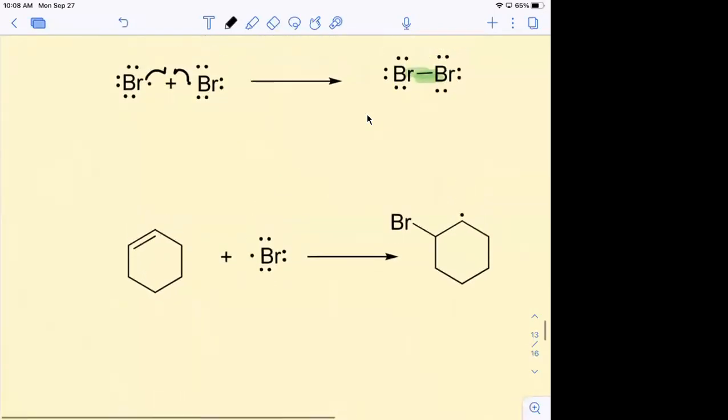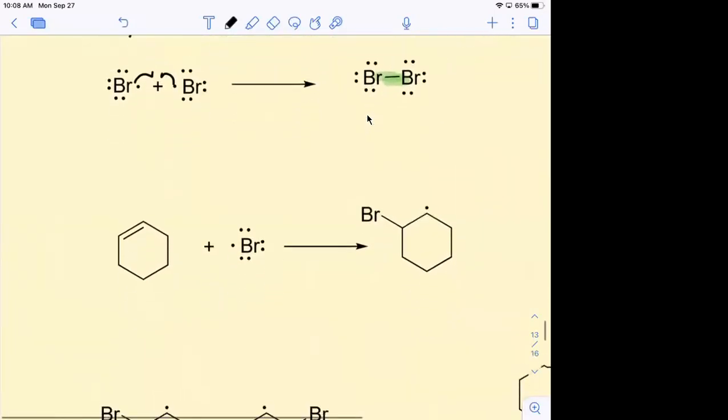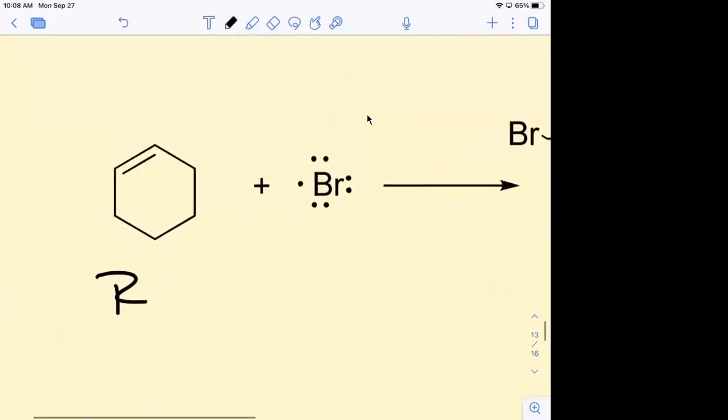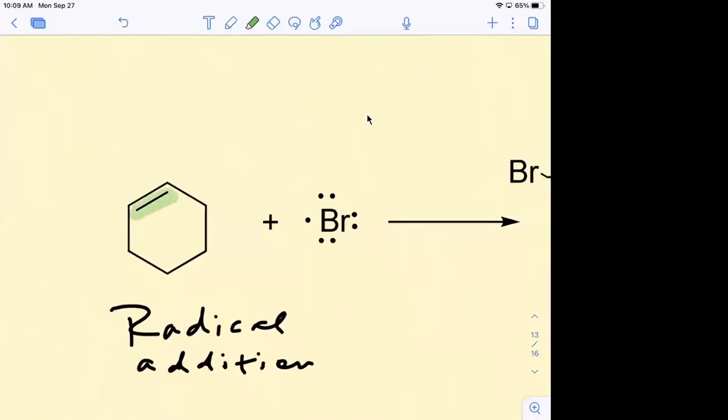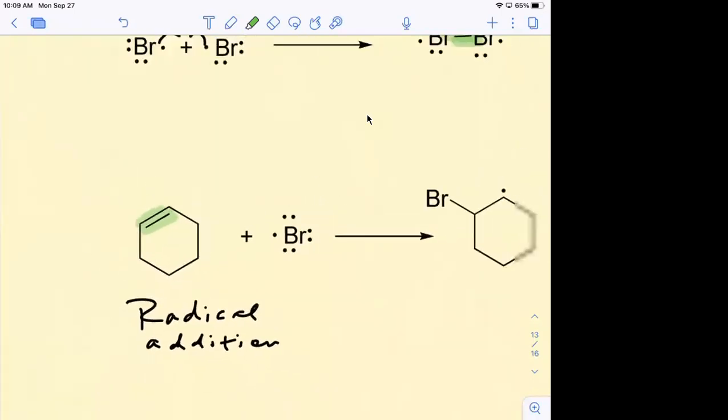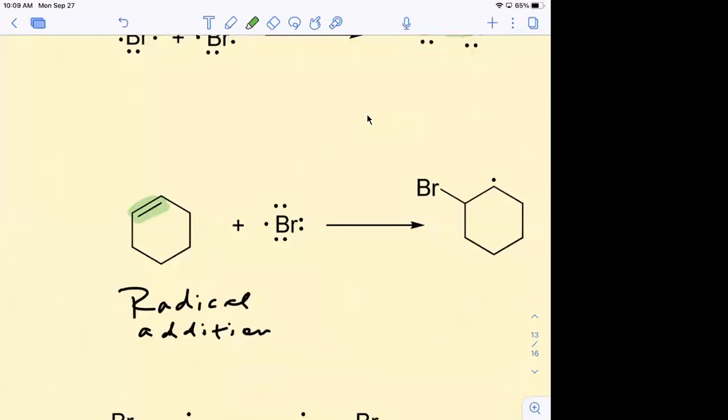Let's look at this. This is an example of what we call a radical addition. We know it's addition because we start out with a pi bond. Anytime you start with a pi bond as one of your starting materials, the reactant, then it's going to be an addition. So how would you show this?